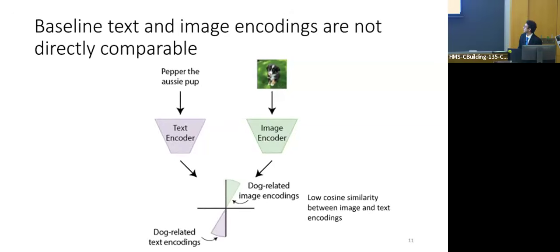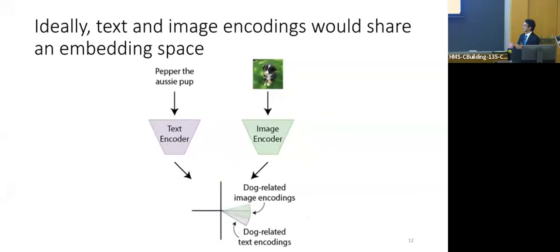So in other words, the cosine similarity between a random image encoding of a dog and a text encoding of a dog will be low if we don't fix this problem, right? Whereas ideally, especially if we want to do the scoring task, we would like the cosine similarity to be high, because then we could just use the cosine similarity as our sequence image compatibility score. All right, so that's the objective.